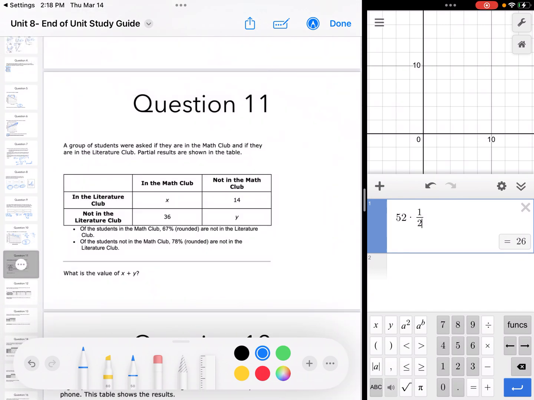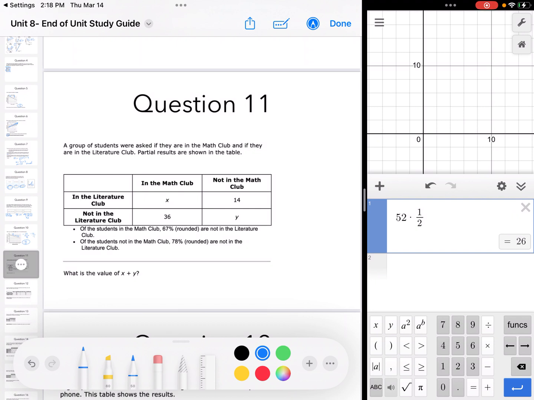Okay, they want us, a group of students were asked if they are in the math club and if they were in the literature club. Partial results are shown in the table. So of the students in the math club, 67% are not in the literature club.